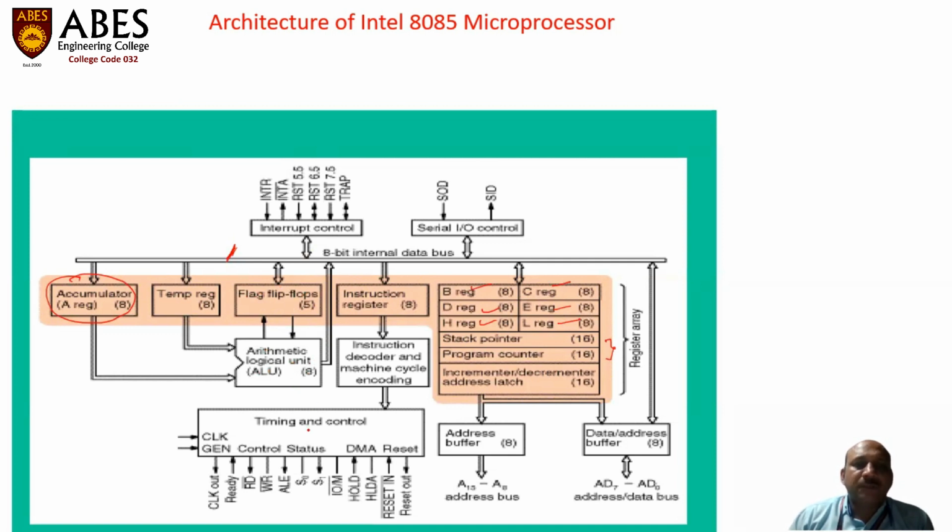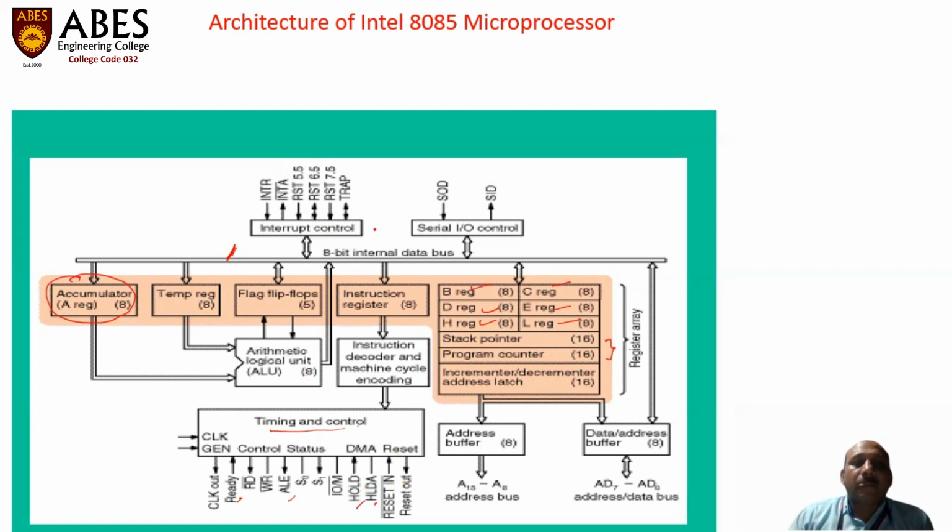Now, along with this, we have a timing and control unit, which has a clock circuit, ready pins, RD bar signal, WR bar signal, ALE signal, S0, S1, IO/M bar, hold, HLDA. These are all basically control signals that are required to control all the operations of the microprocessor.